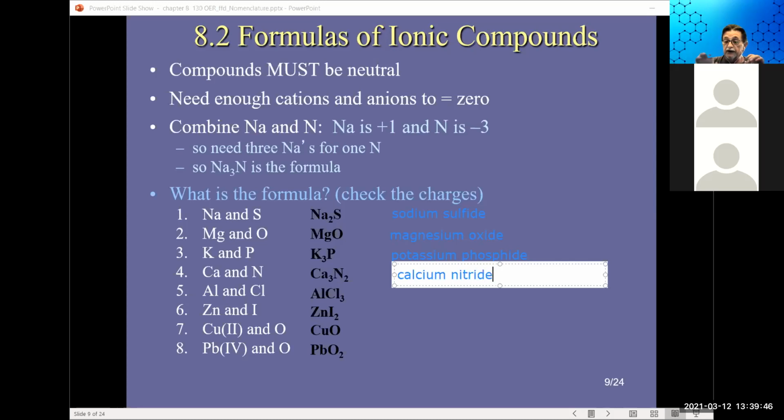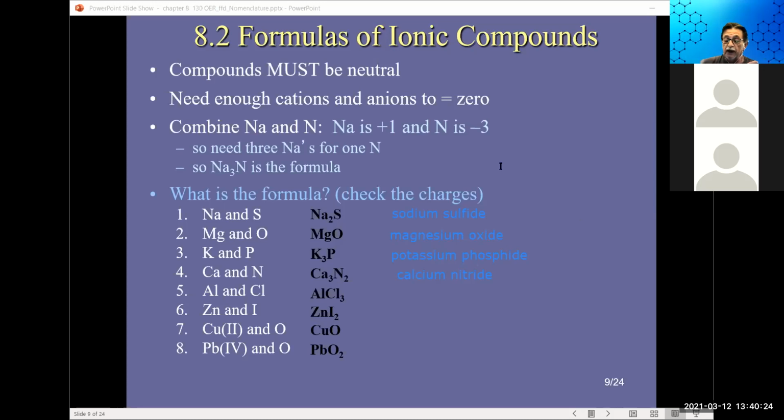Notice that suffix IDE in all of them: the sulfide, oxide, phosphide, nitride. The IDE just tells you that you only have the element itself, that's it, in ionic form.